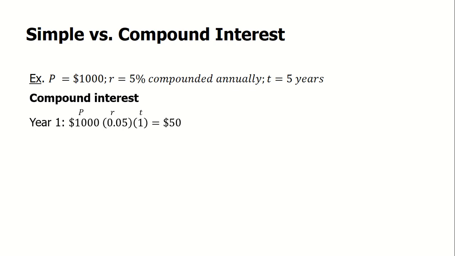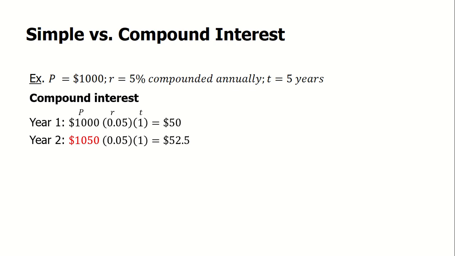In year 2, my principal will not only be 1,000, but it will be 1,050, since if we are compounding the interest, we have to add the previous interest incurred, the interest in year 1, to the principal, 1,000. It will be the new principal at the beginning of year 2.